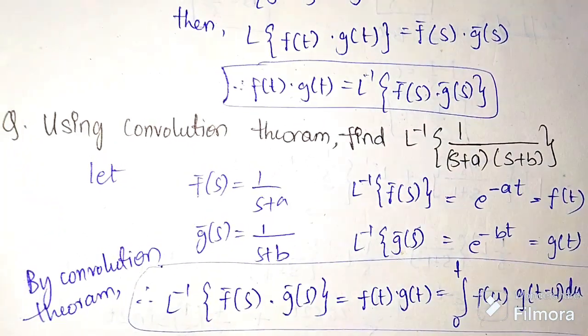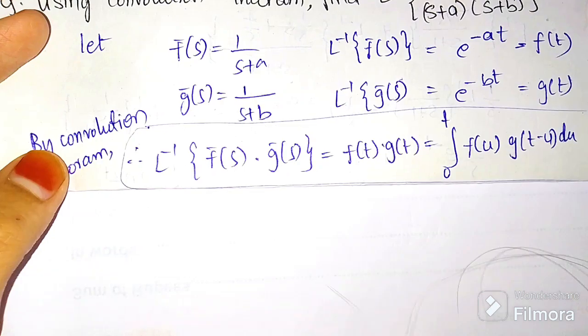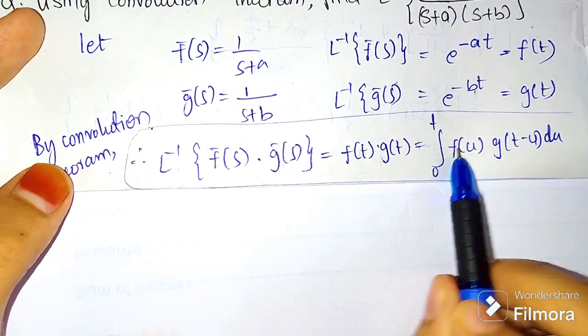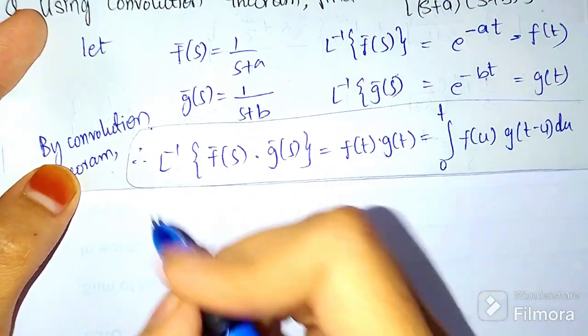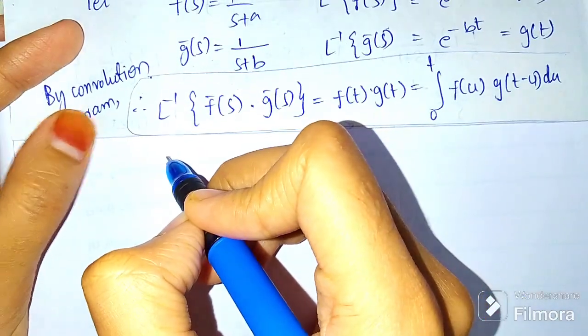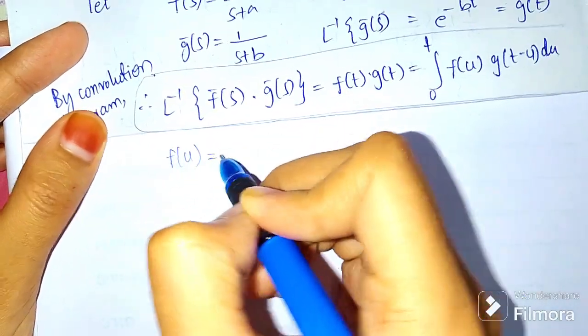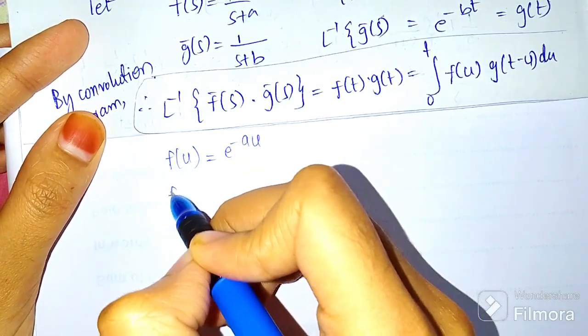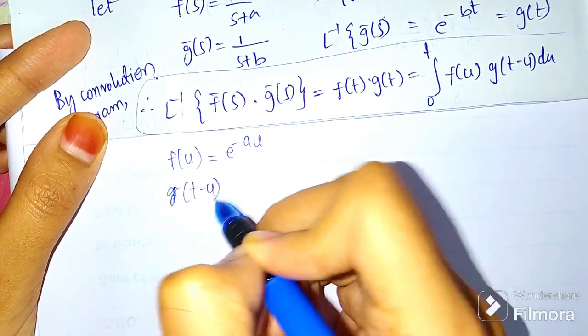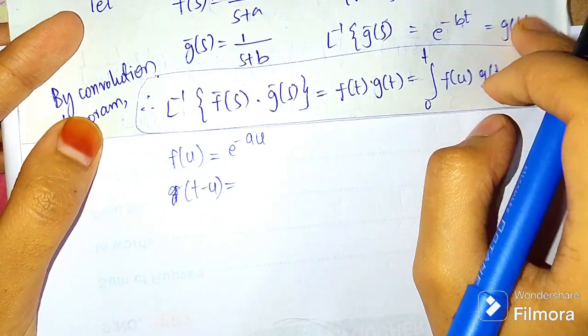Now how do I get my f of u? In place of t, if I put u, that will be my f of u. Therefore, f of u is equal to e power minus au, and for g of t minus u, in place of t I should put t minus u.